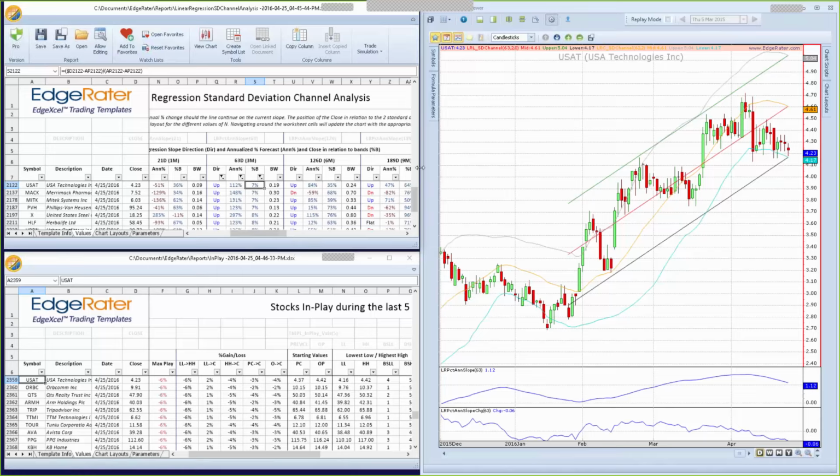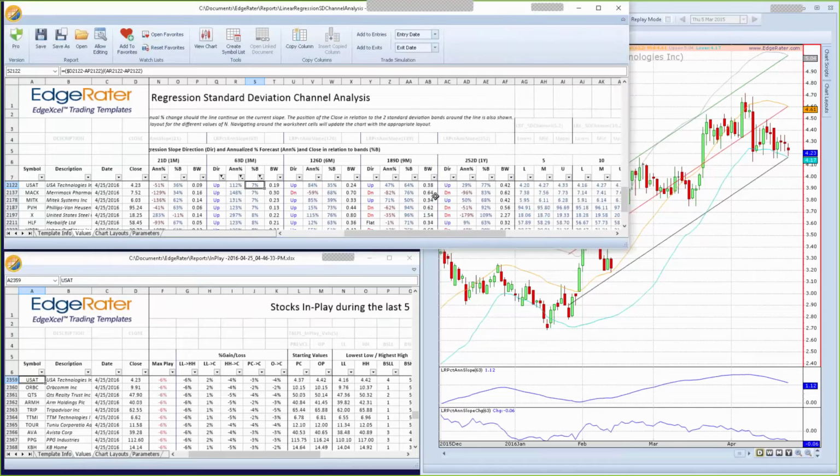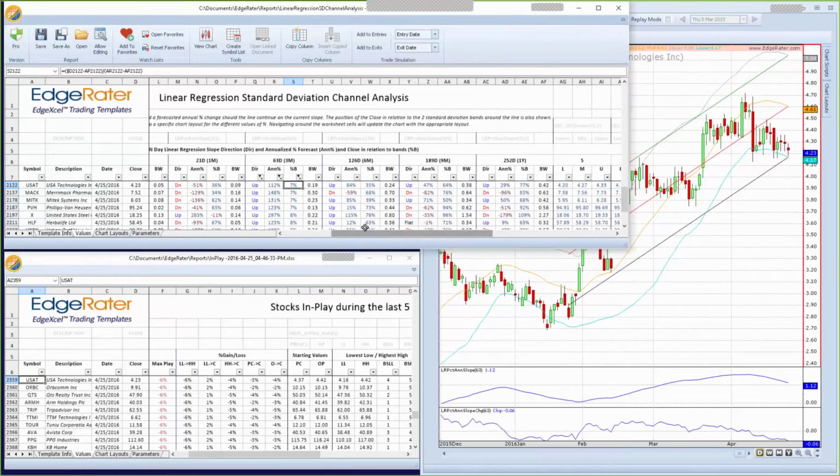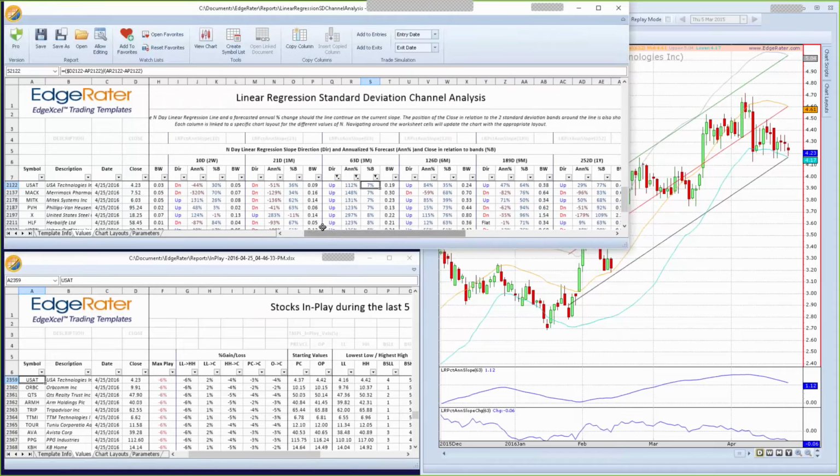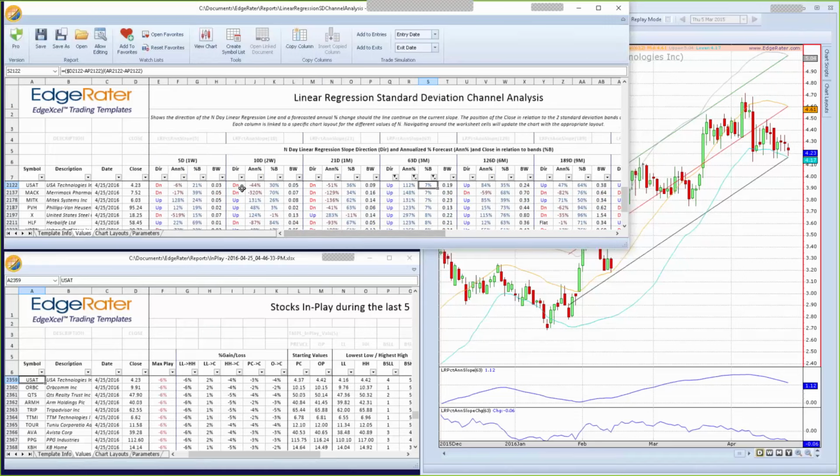What I often like to do is, I'll say one more thing about this, if you're looking at one set of columns here, say the 3-month column, you can also quickly scan across and you might want to find things that also have a fast 5-day regression. So you know that they're moving up because you've got this already filtered in.